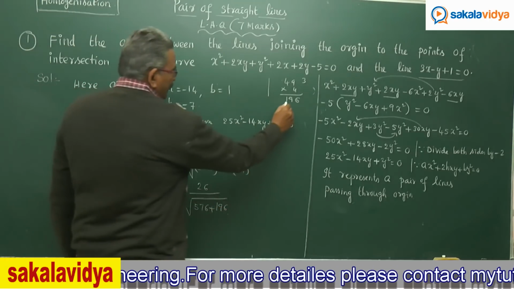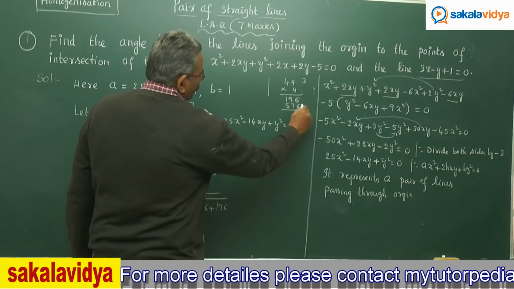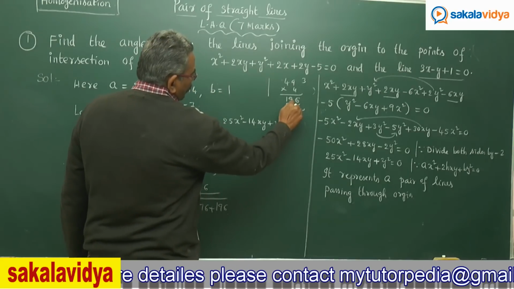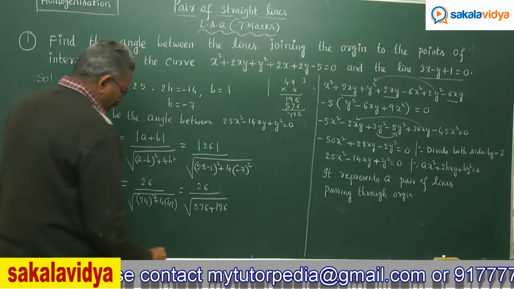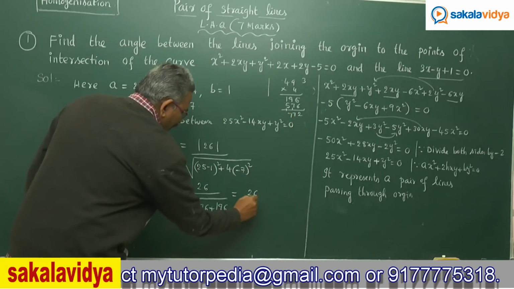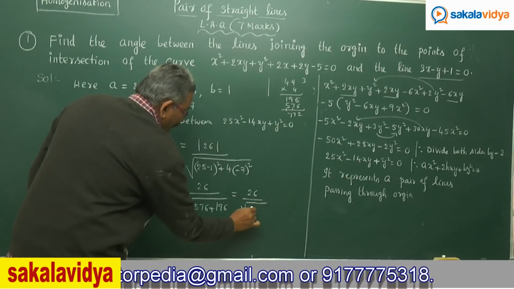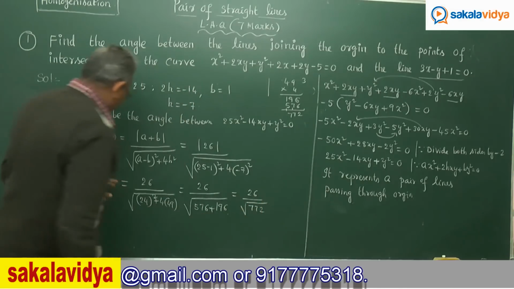So 196 plus 576 is 772, that is 26 by root of 772. This is cos theta.